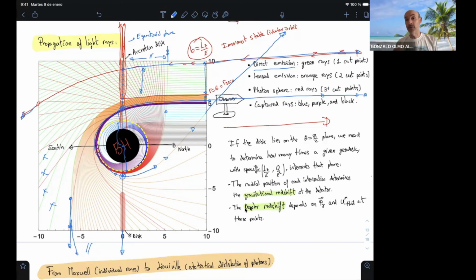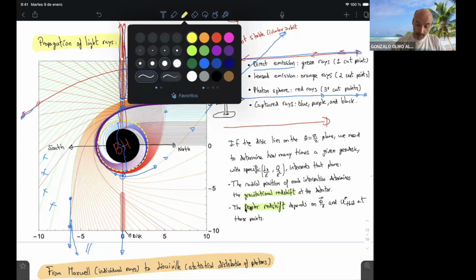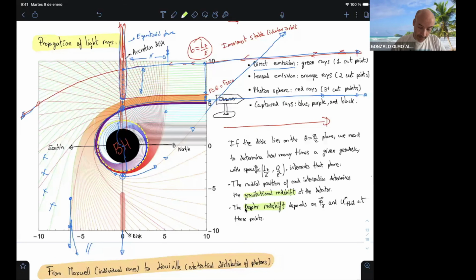We have different kinds of accretion disks. One example was this one that is defined from the ISCO outwards, okay? But there are other accretion disks that represent matter that is really falling into the black hole, okay? So in those cases, the accretion disk is defined really everywhere, even in this region.